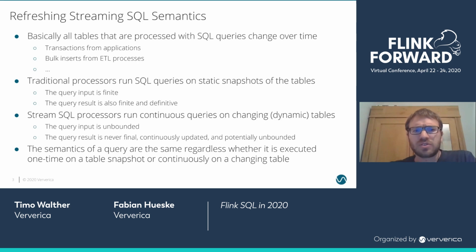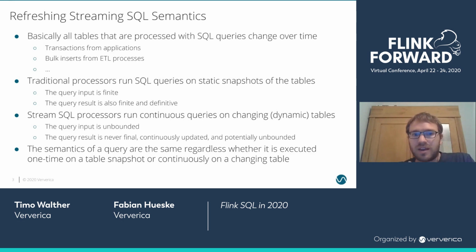However, streaming SQL processors work a little bit differently because they start continuous queries over changing or dynamic tables. In Flink SQL, we call them dynamic tables. This basically means that the input to a query is unbounded, so you'll get more and more data. It never stops.